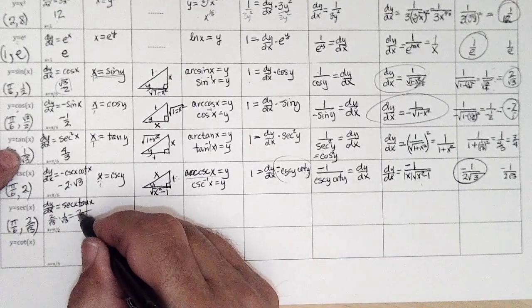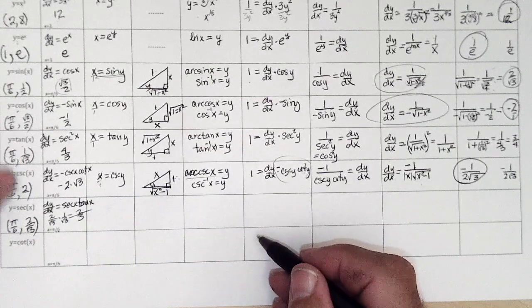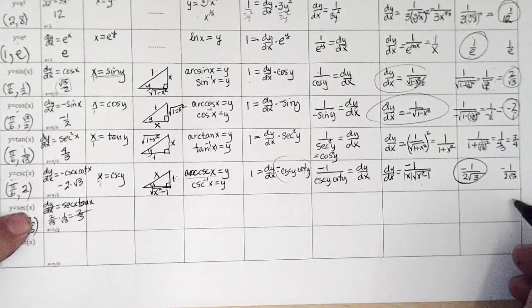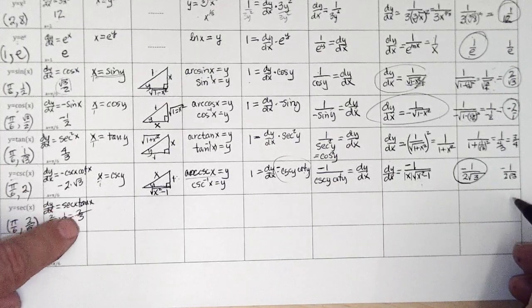So the derivative of secant inverse, or arc secant, should be not 2 over 3, but 3 over 2.